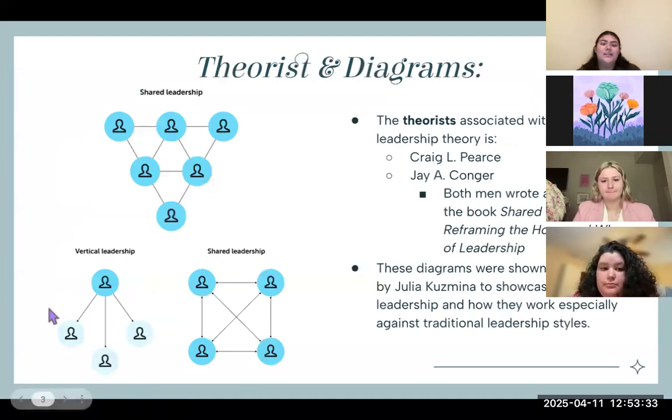Hi, my name is Bethany Medina, and this slide is discussing the theorists who are associated with the shared leadership theory.